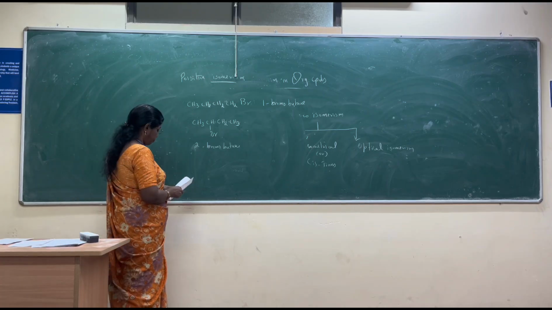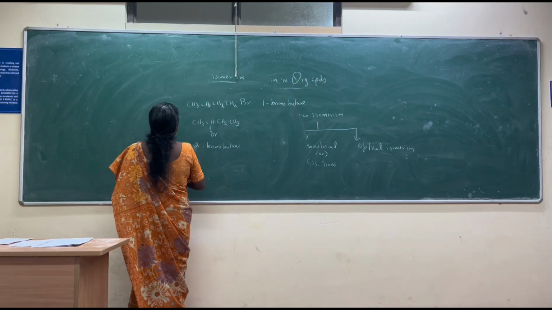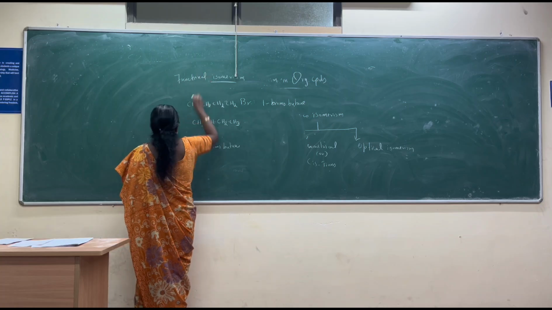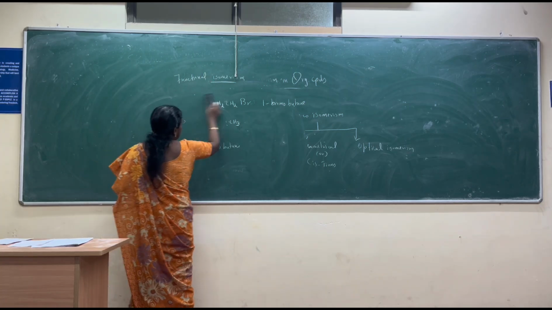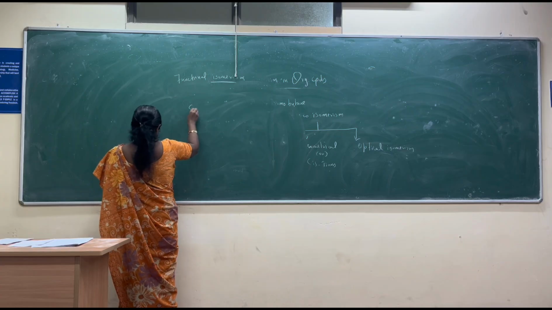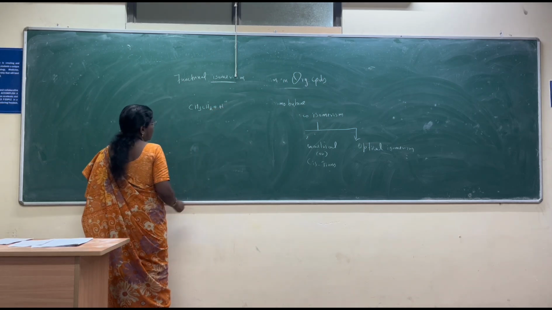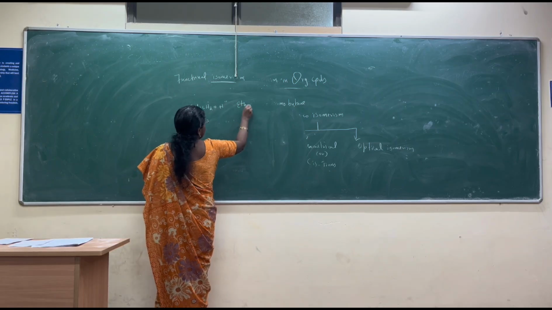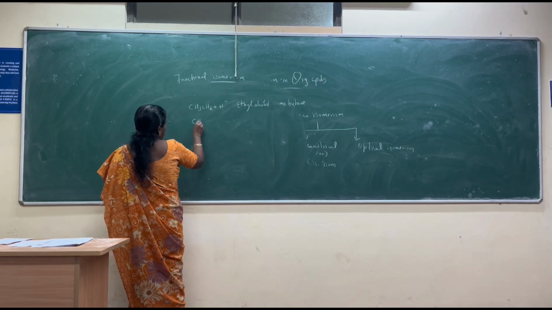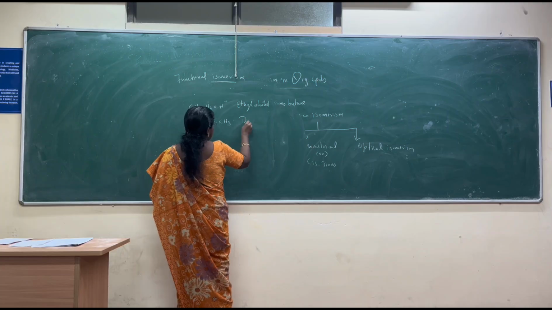And the third one, functional isomerism. Same molecular formula but different functional group. Example: ethanol, or ethyl alcohol, and dimethyl ether.